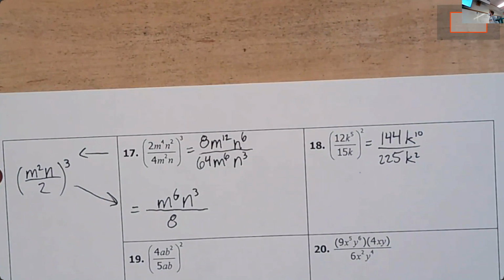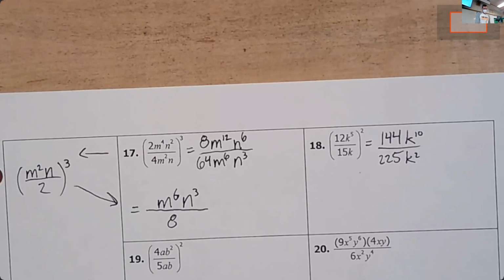Now, we need to reduce that fraction if we can. Calculator might be the easiest way to do that. Anybody have that fraction reduced? Yeah, 16 over 25.